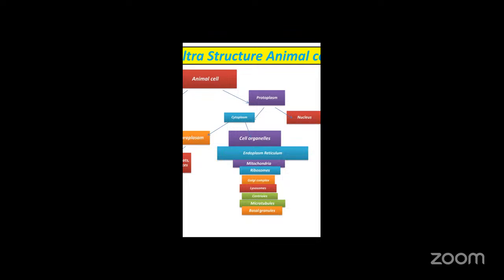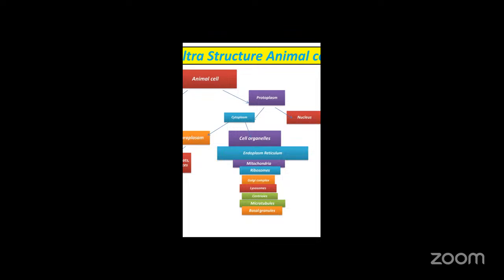So this was possible only with the invention of the electron microscope, remember. With the simple microscope as well as the compound microscope, they were not able to identify the different organelles in detail. But once the electron microscope was introduced, very keenly and with minute details, the authors came up stating that the animal cell consists of not only the protoplasm, consisting of cytoplasm and the nucleus, but in the cytoplasm you have got paraplasm as well as the cell organelles, and in the protoplasm you have got the nucleus.